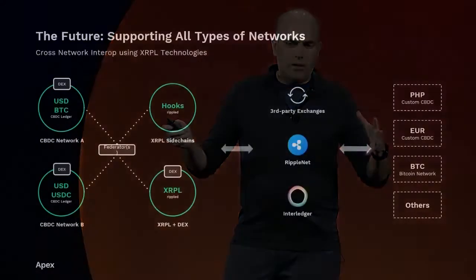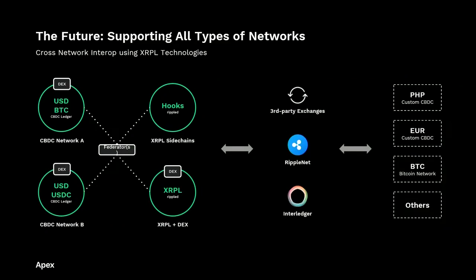So this is a zoomed out view of that financial system. On the left, you have CBDC ledgers, you have XRP Ledger, you maybe have XRPL sidechains running new technologies, maybe like hooks. But we know that not every central bank is going to deploy Ripple technology. So we need to account for that as well. On the right, you can see there's the Bitcoin network. There might be custom CBDC networks running on a variety of other software.